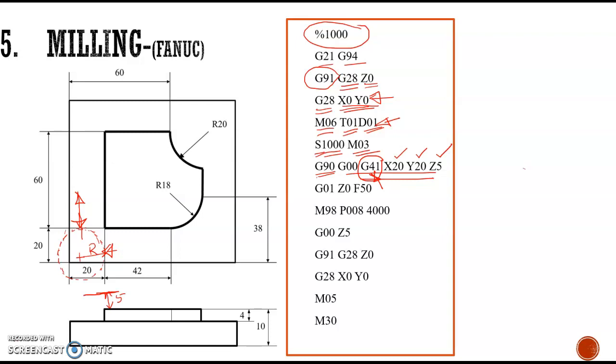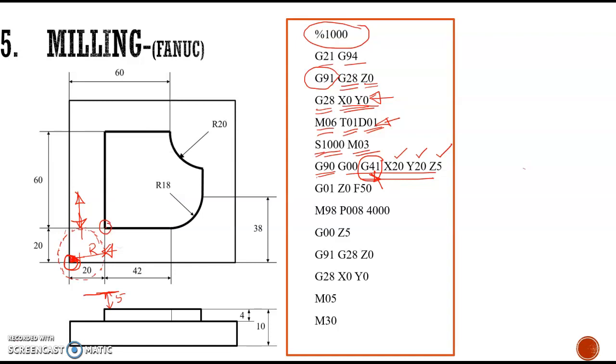The actual position for X20, Y20 will be here only, and this is our work 0 point. Initially we are defining this position as the work 0 point. So from this work 0 point, this is X20 and Y20.